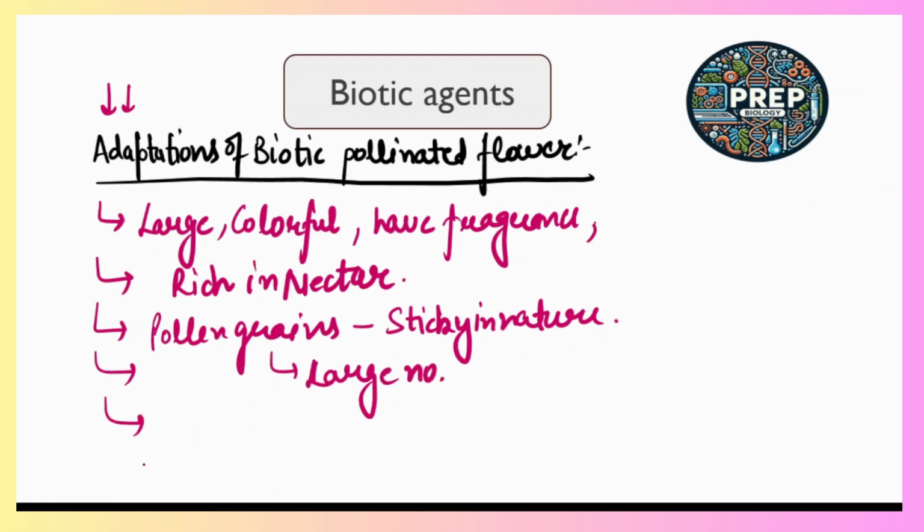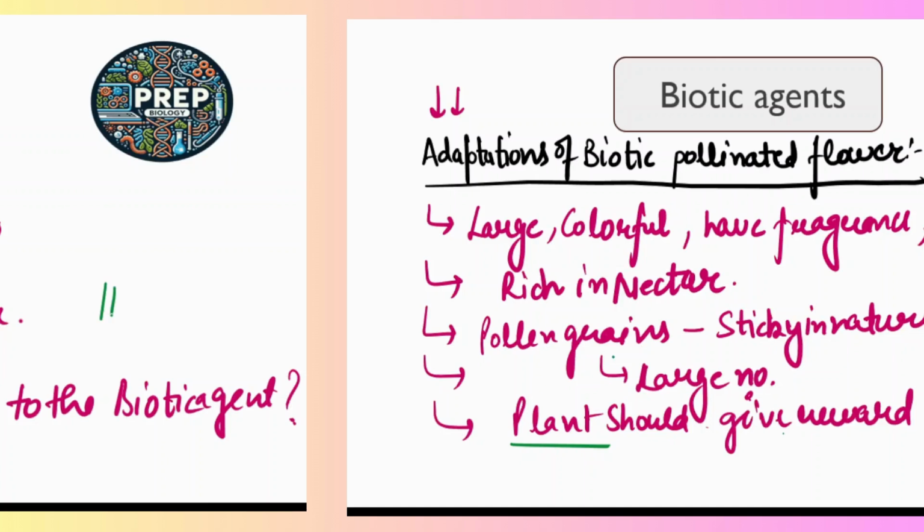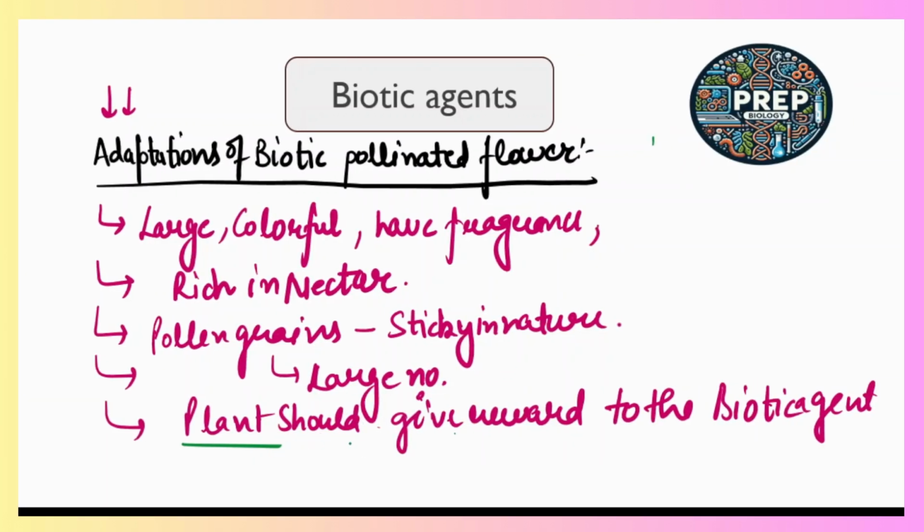The next point is the plant should give reward to the biotic agent. What is the meaning of this point? Understand it carefully. The last point of the adaptation is the plant should give a reward to the biotic agent.